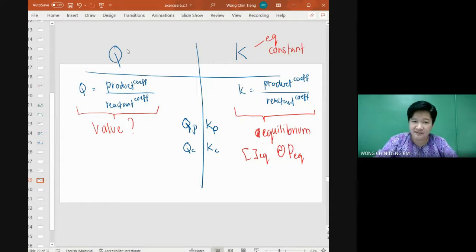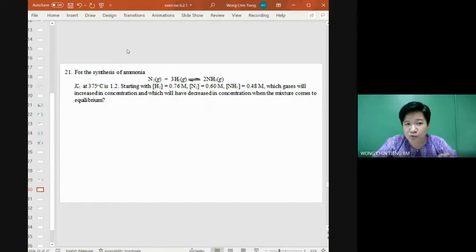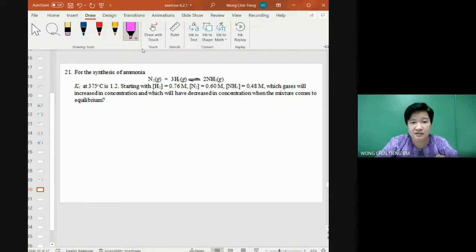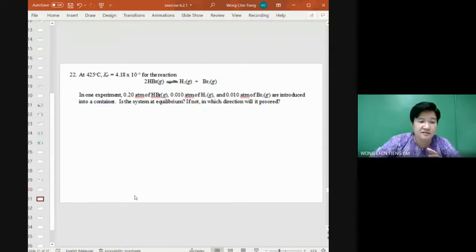And why do I say it's an easy question? Because in the Q question, you will always have this sentence. The question usually asks: is the system at equilibrium?